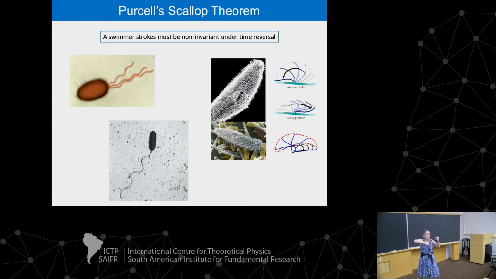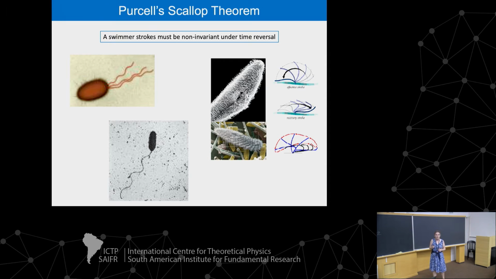And so its tail is going round and round like a helical corkscrew. And a helix has a direction to it. If you put your hand around the helix, it has a direction. If it goes around the other way, it would go in the other direction. And so this has a direction in time. And they have to be designed like that so that they can actually move through this fluid.